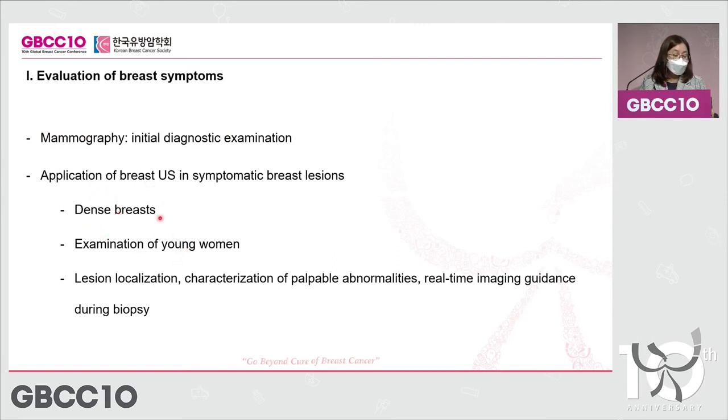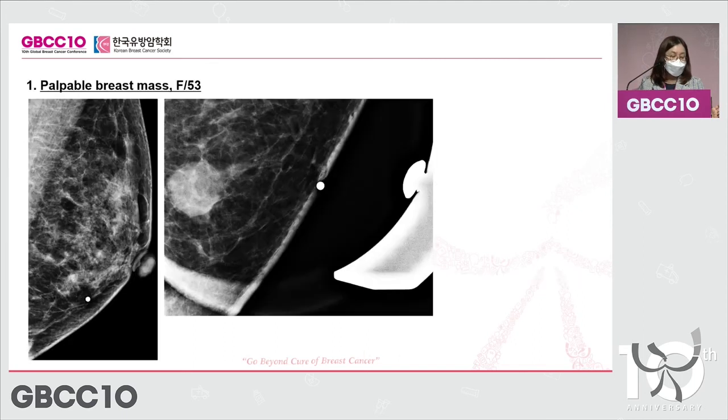In the case of dense breast or in the case of a young woman, sometimes you can do away with mammography, but usually you would do a mammography first. And after that, lesion localization and characterization of palpable abnormalities and real-time imaging guidance during biopsy will be conducted subsequently.